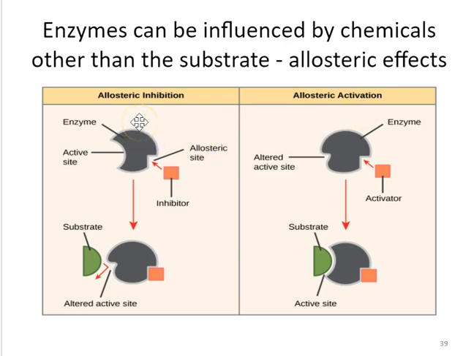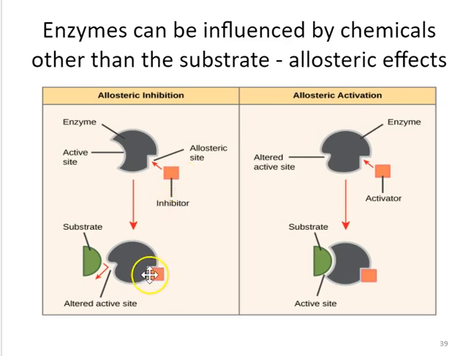Let's do inhibition first. Here in gray is the protein enzyme, and here is the active site. And green is the substrate or reactant that will bind to that active site. At another location on the protein, not the active site, but another location called the allosteric site, it's shaped to allow an inhibitor, which is just some other chemical in the system, to bind.